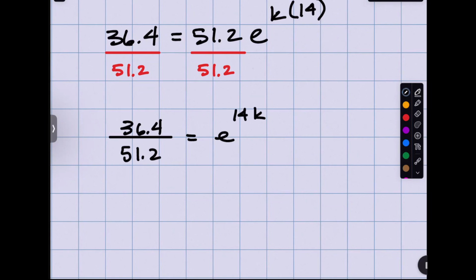So now we got to say, what is the opposite operation of e?